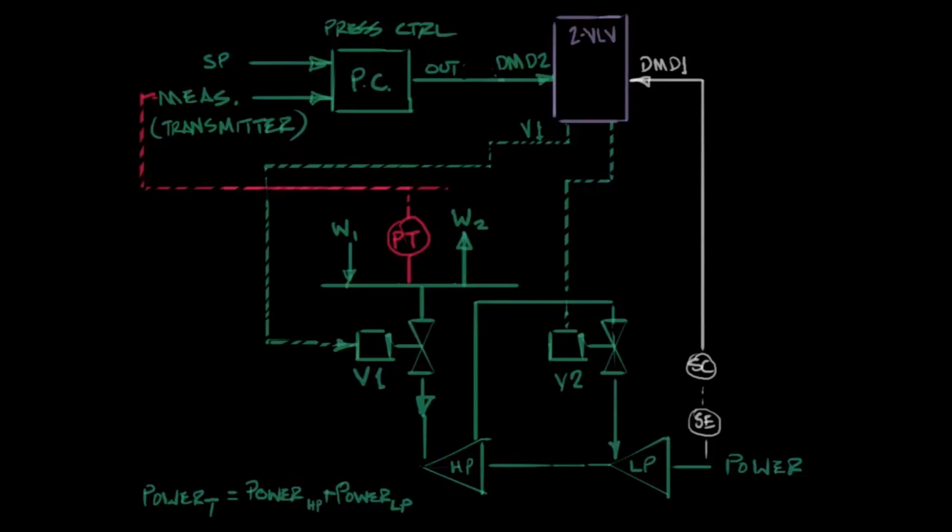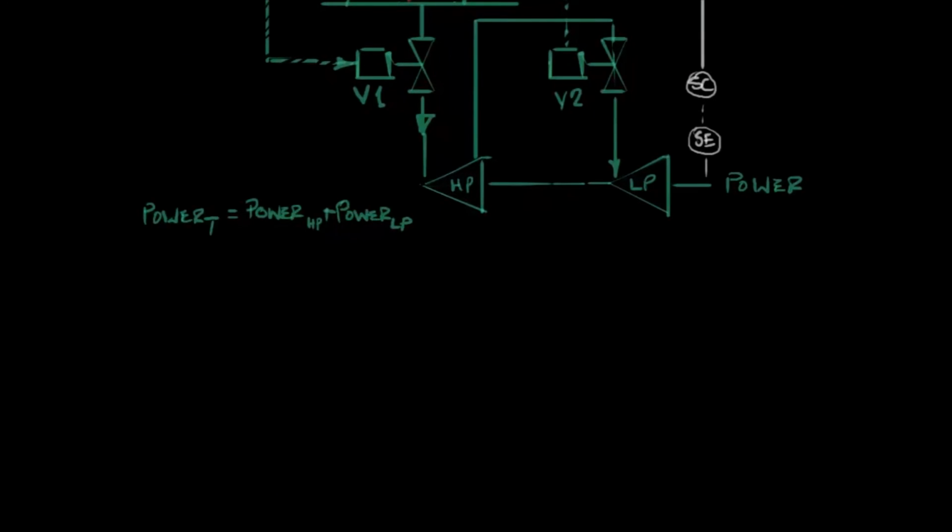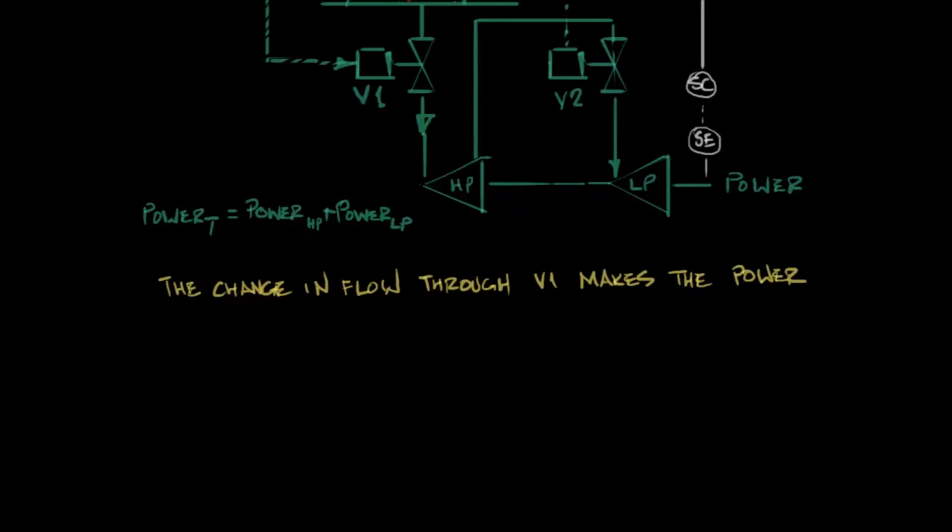Okay, so for controlling speed, we have to measure speed. Then we pass that speed measurement into the speed controller, and the output of the speed controller is going into our two-valve algorithm as a speed demand. The speed demand is influenced by both V1 and V2.